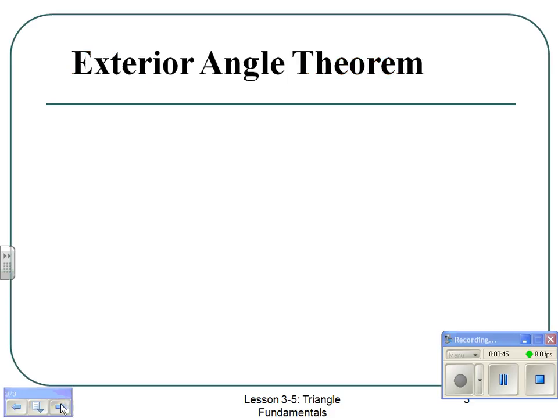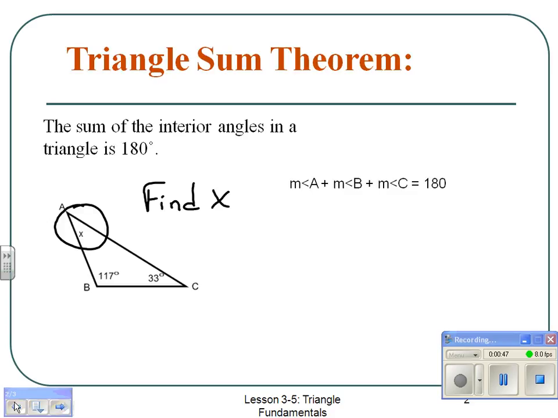So the measure of angle A plus the measure of angle B plus the measure of angle C, the three corners on the triangle, equal 180.